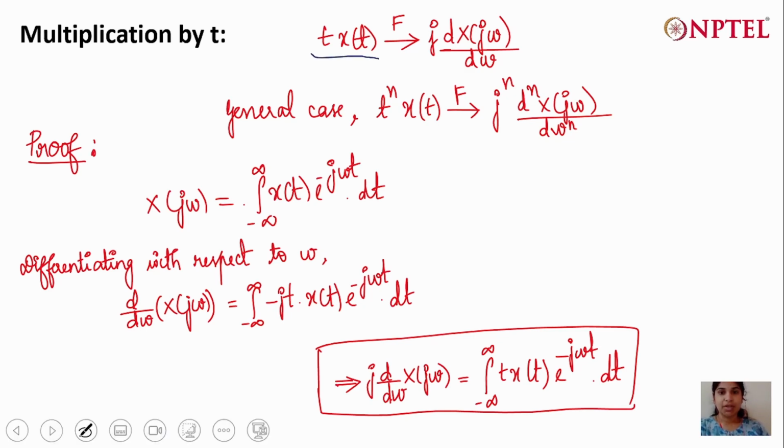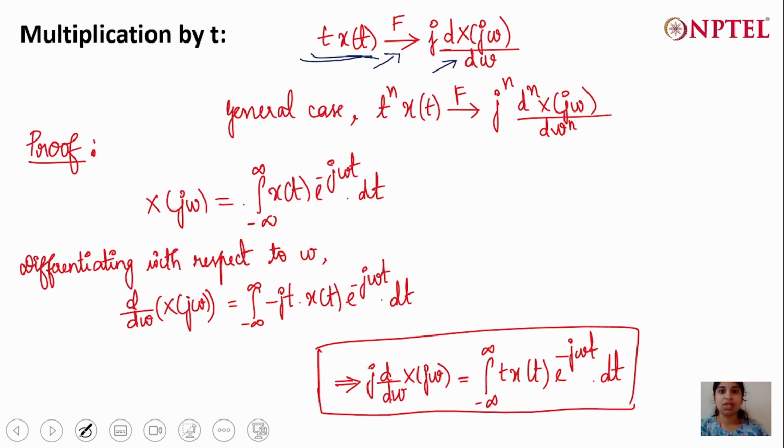So t into x of t, if I take the Fourier transform, I'll be getting j into dX of j omega by d omega. So if you multiply by t in the time domain, in the frequency domain you have a differentiation involved.